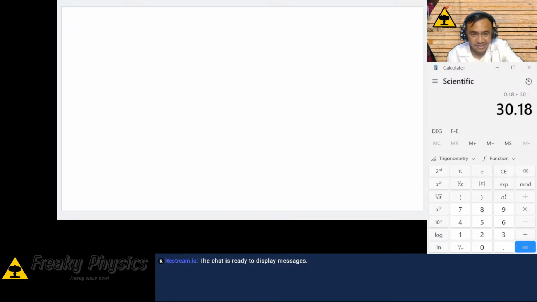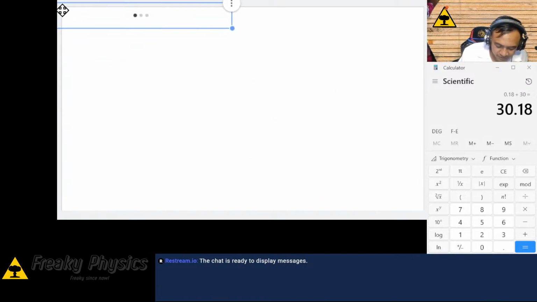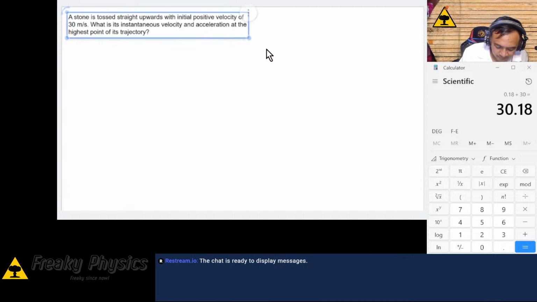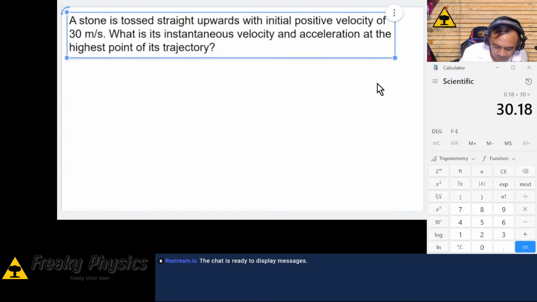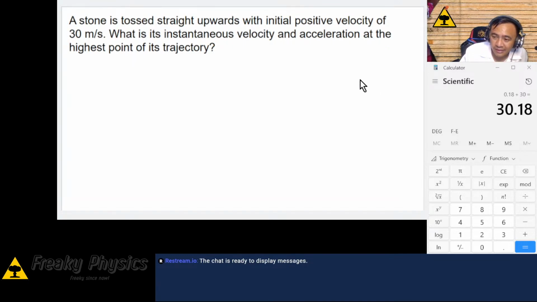In this case, you have to look at this problem carefully. Is this horizontal or vertical? You solve this on your own using the same technique. If it's horizontal, you need a value for the acceleration. If it's vertical, then we already know it. You should know it.